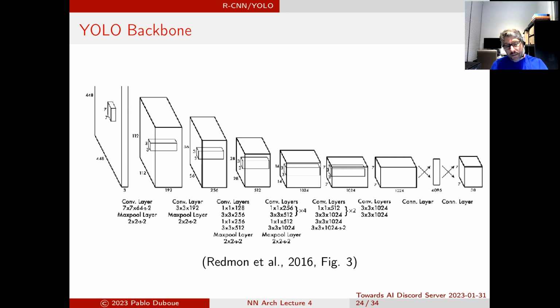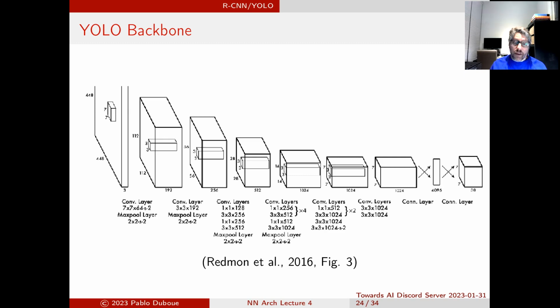Initially the kernels are big, like 7 by 7, and then they get smaller, 3 by 3, 3 by 3, 2 by 2, etc. But the number of features is much bigger. Here we have 192, 256, 512, 1024.